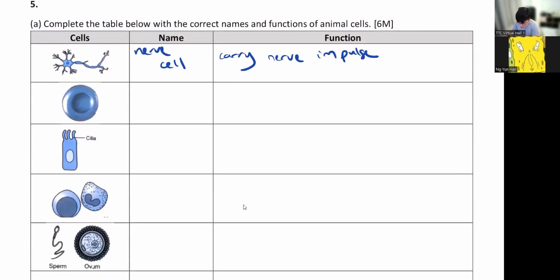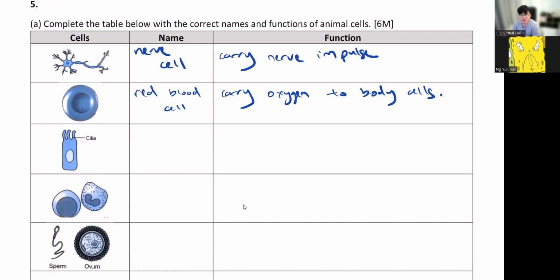And then this is a red blood cell. The function is to carry oxygen to body cells. All right. I want you to think of them like this. Your red blood cell is like your Shopee delivery truck.